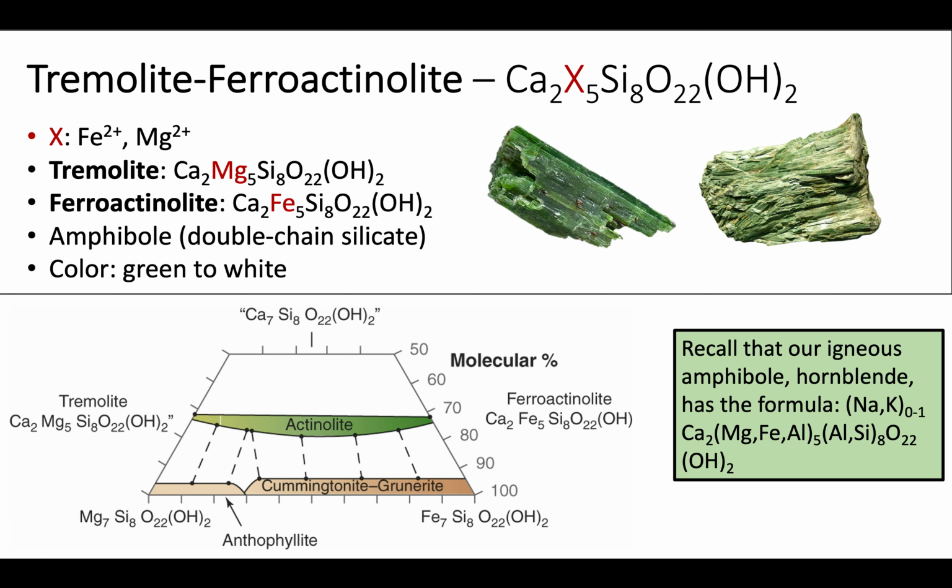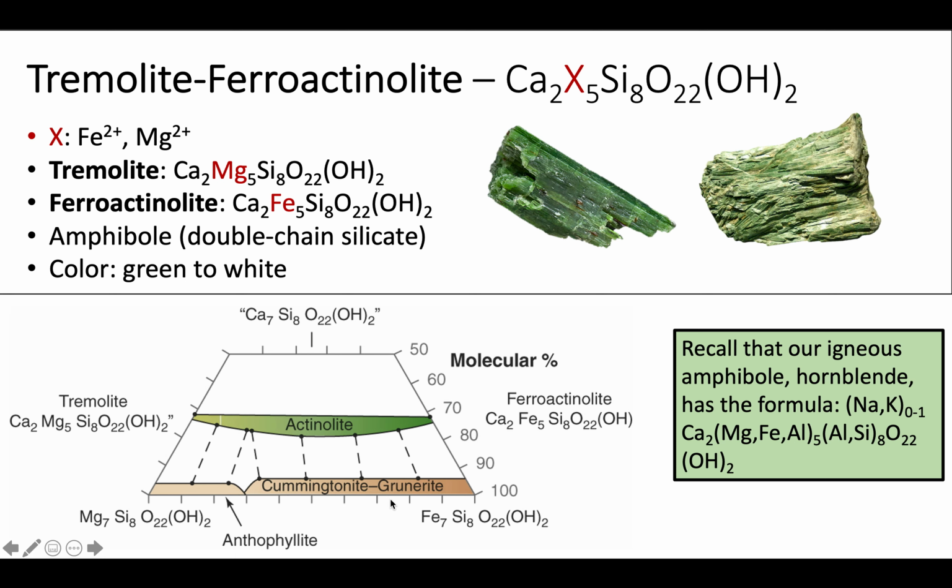Here we're keeping that Si8O22(OH)2 constant, but we have calcium going up to an unseen point here, magnesium at this end member of the ternary, and iron at this end member of the ternary. And so this tremolite ferroactinolite is going to be part way up that magnesium to calcium line, specifically 2/7 of the way up that line, and is going to kind of bridge this middle ground here.